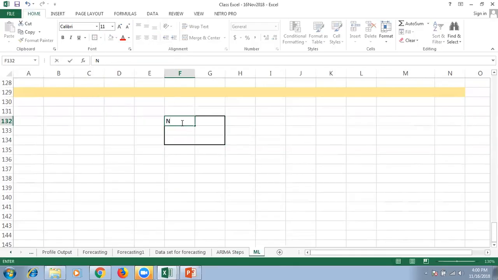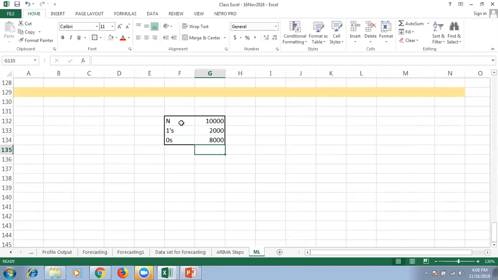My total number of customers is 10,000. Out of that, ones are 2,000 customers and zeros are 8,000 customers. So this is my original data.